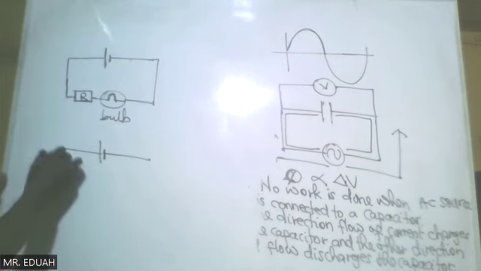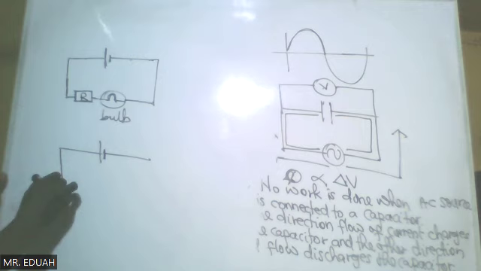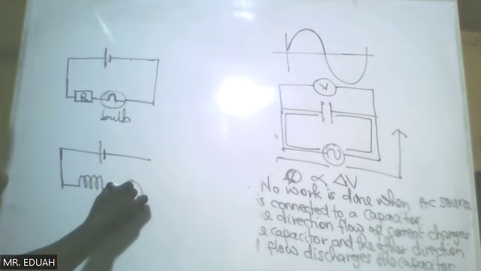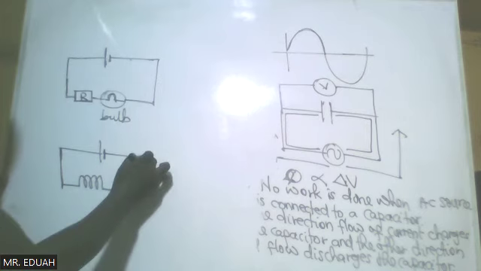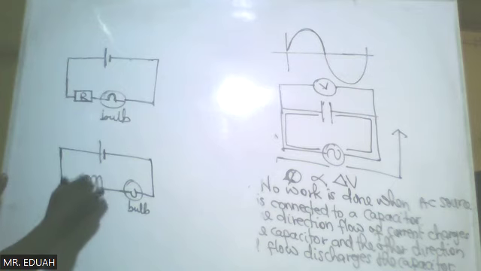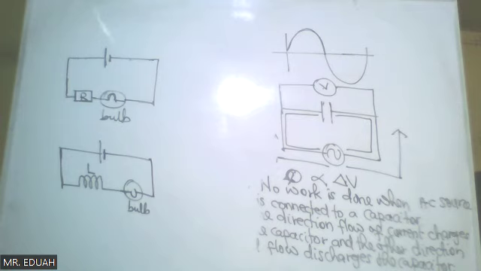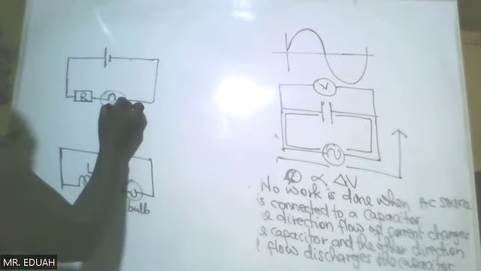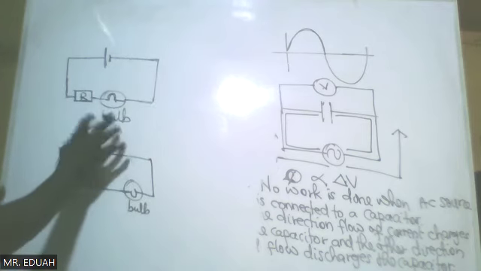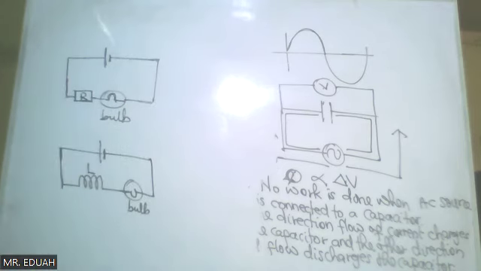Within the same circuit, we have an inductor connected to a bulb. This would offer a certain level of opposition to the flow of current, but it will never change the brightness of the bulb.